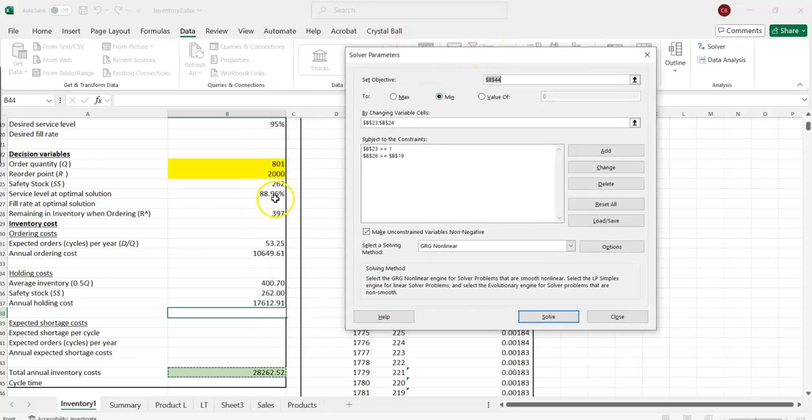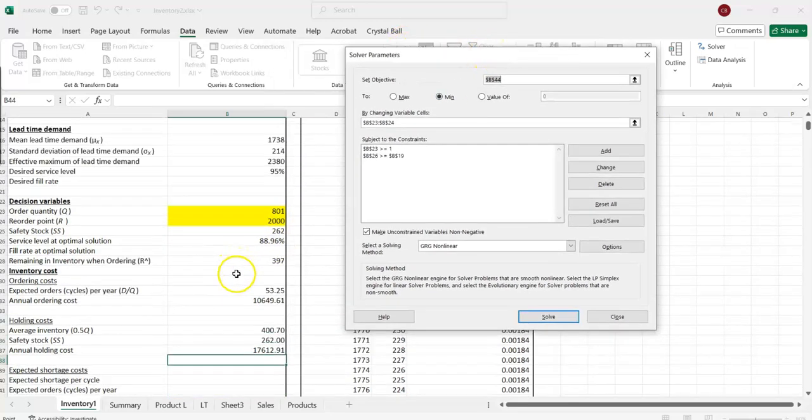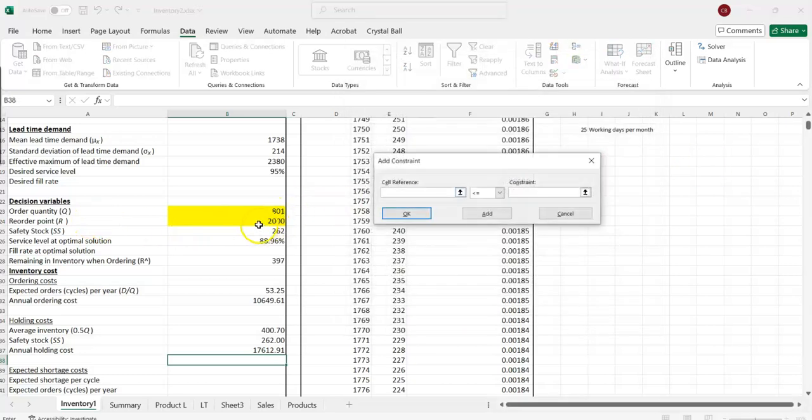We can also have, if we want to, two more constraints on the reorder point which will help: the reorder point is less than or equal to the effective maximum, and the reorder point is greater than or equal to the mean lead time demand.